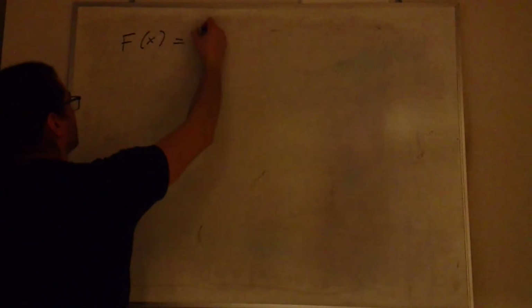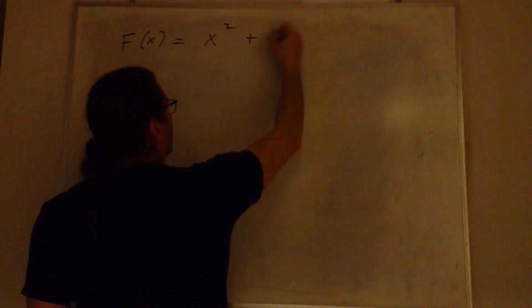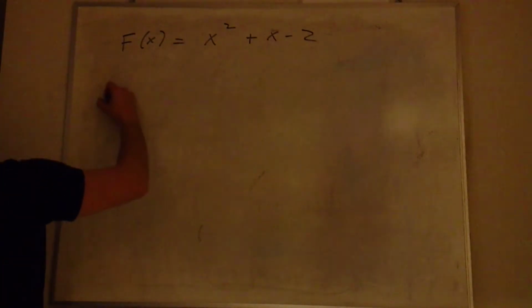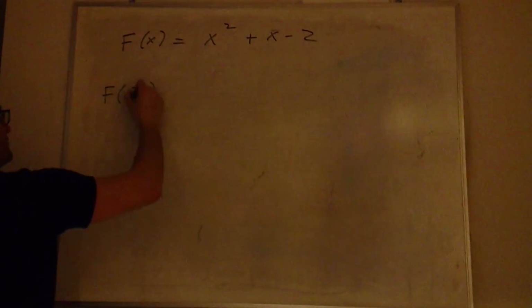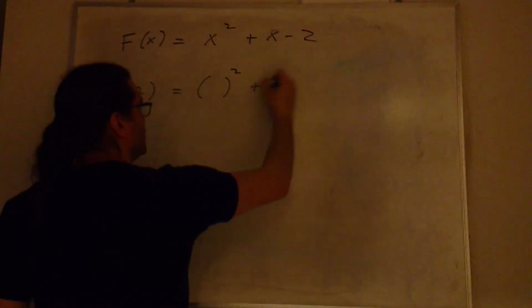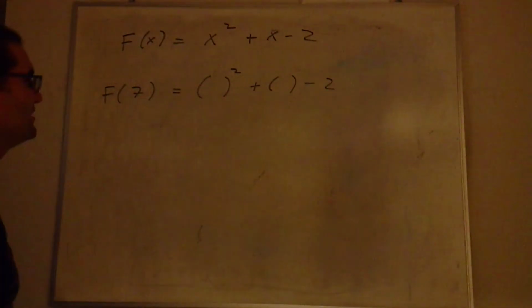Let's take a function like f of x equals x squared plus x minus 2. If you're being asked to evaluate a function at, say, 7, it just means you look at what this function is doing, and you plug in 7.